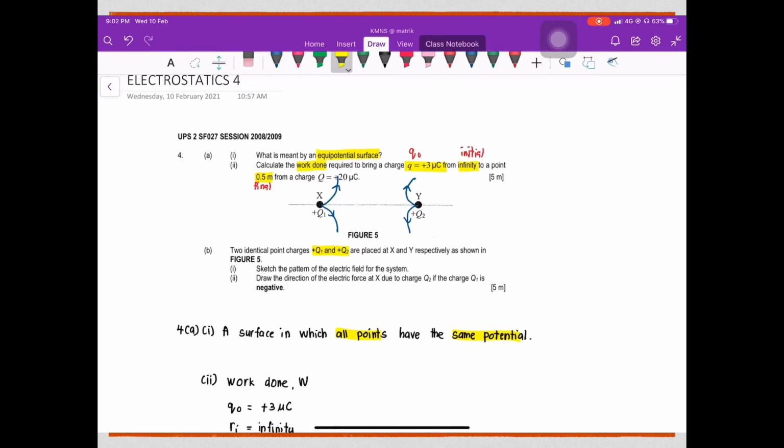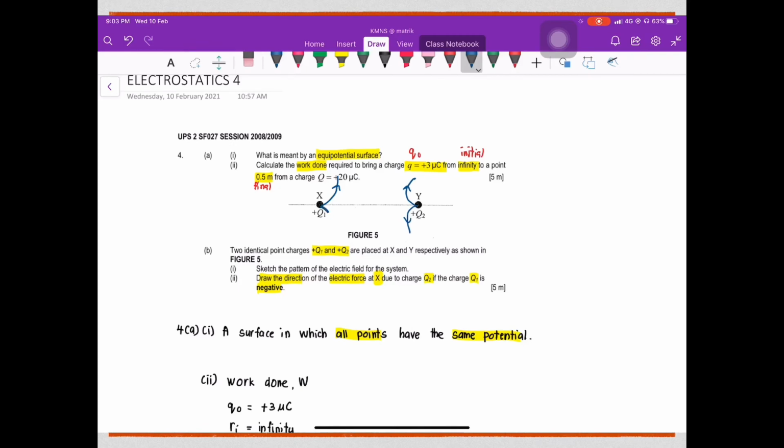Next, draw the direction of the electric force at X due to charge Q2 if the charge Q1 is negative. So now, let's say we change this Q1.